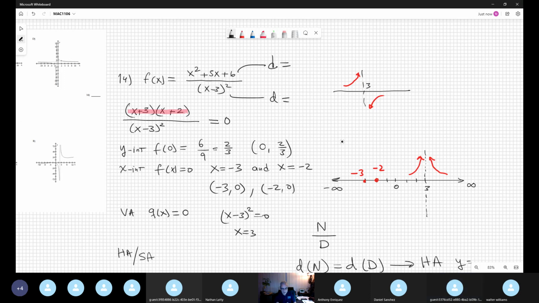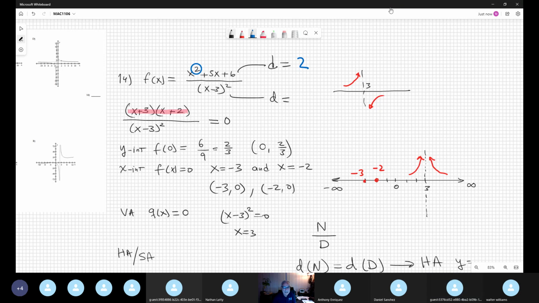Degree, by definition, is the exponent, the highest exponent in the polynomial. It's obvious that it's 2. Then in the bottom, what is the degree? It's 2 also. It's confusing, because this is an exponent.